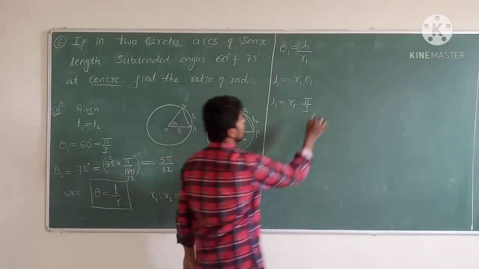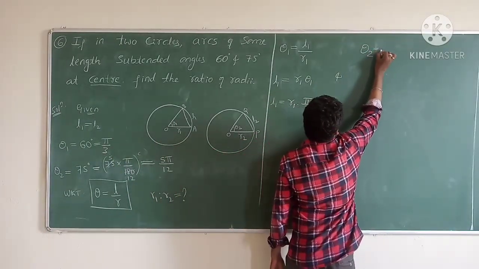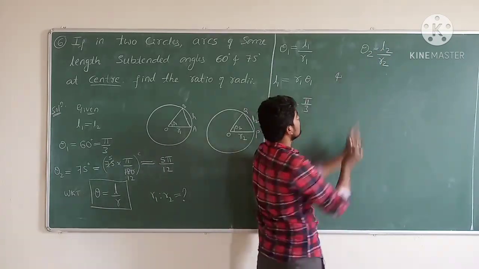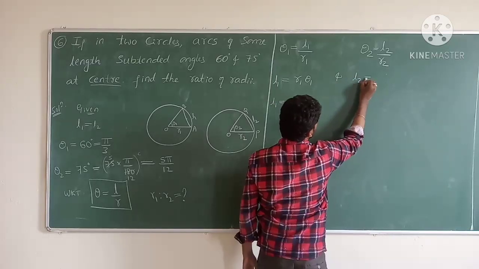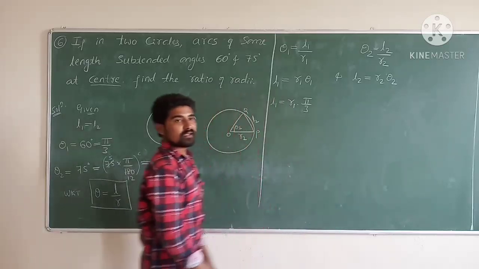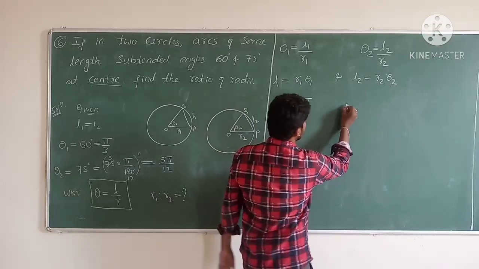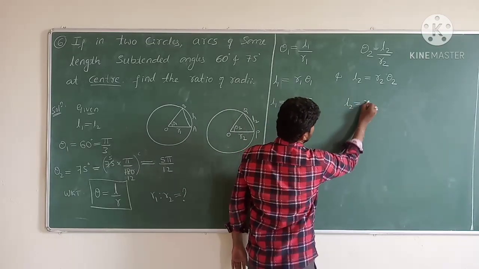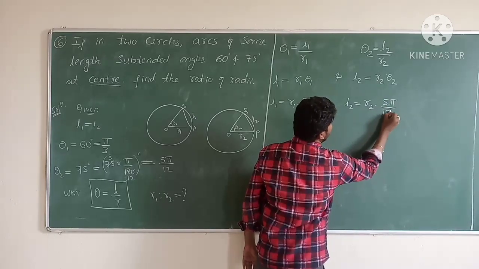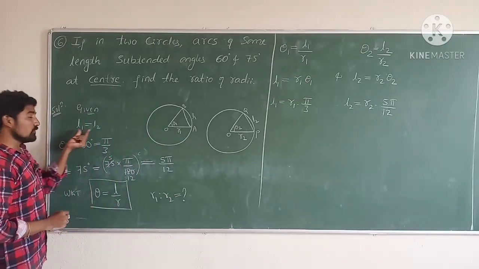And theta 2 is equal to L2 divided by R2. Now from this relation the value of L2 is equal to R2 into theta 2. The value of theta 2 is 5 pi by 12. Therefore L2 is equal to R2 into 5 pi divided by 12. Now he has given that L1 is equal to L2.